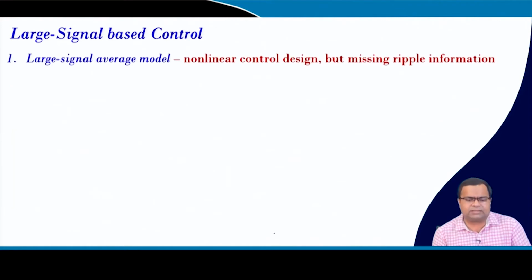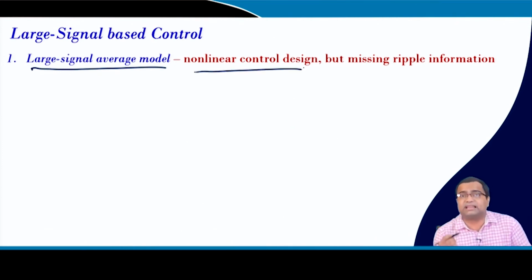Then we discussed large signal based control, where initially we talked about the large signal average model based control, where we talked about exact linearization and Lyapunov based stability. We saw that if you take state feedback control, we can achieve a faster response in case of boost converter over output feedback control, but due to the small signal model validity you cannot increase the bandwidth even beyond 1/2 of the RHP0.